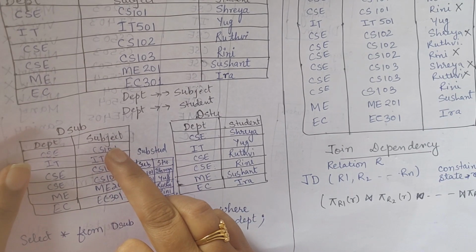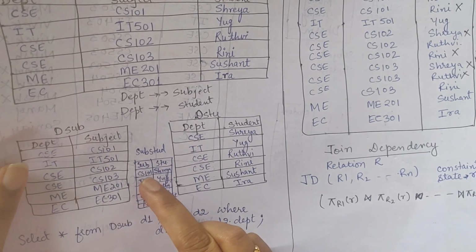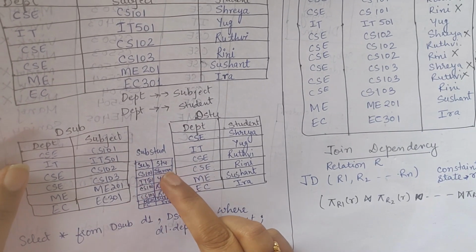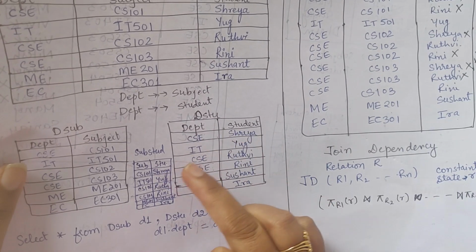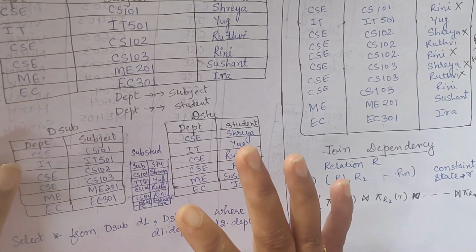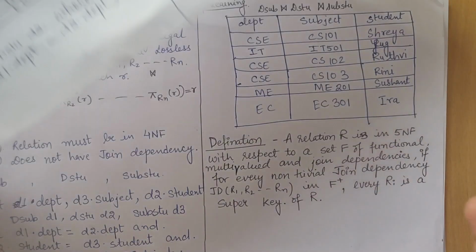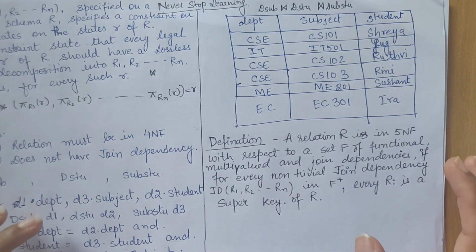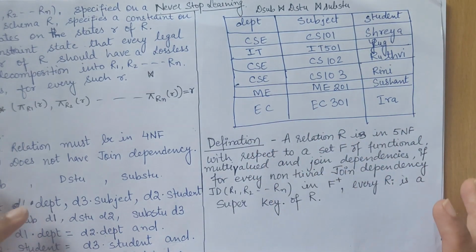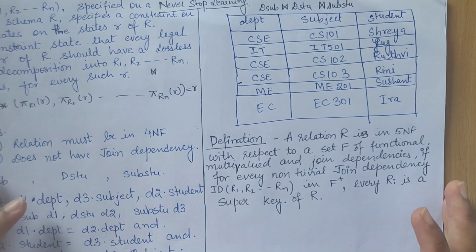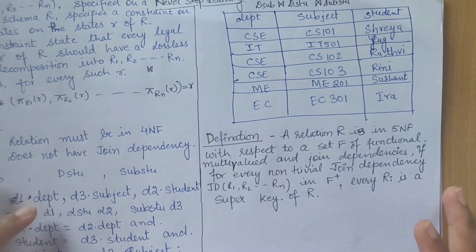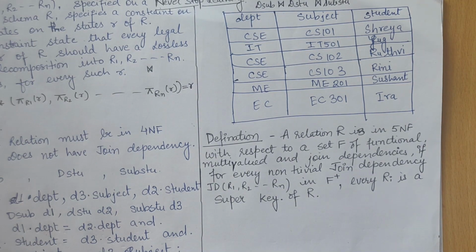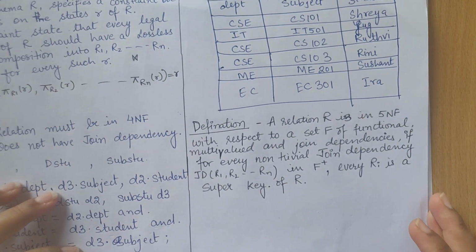Here the subject CS 101 will get matched, and the student value will get matched, and then only the tuple will come in the resultant table. So finally we will get this resultant table where there is no redundant value. Thus, to remove this redundant value, we needed 5NF. So let's see the definition of 5NF.